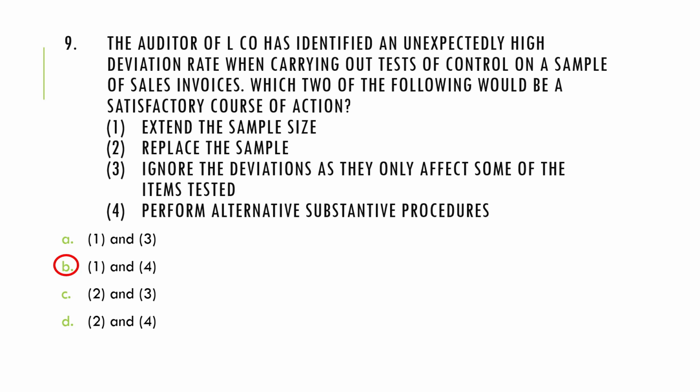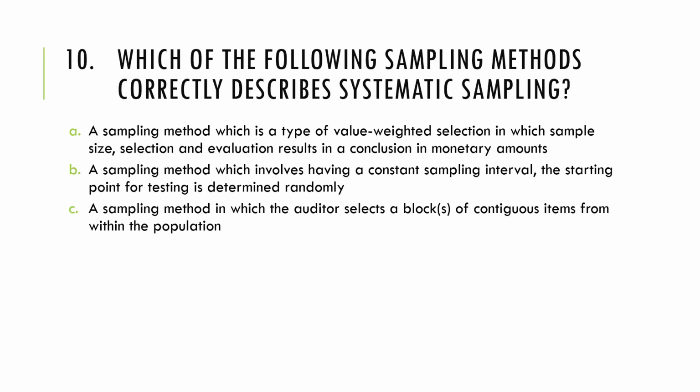By performing these alternative substantive procedures, this means that the auditor has assessed control risk to be high and has therefore responded through substantive tests. But do take note, another route which the auditor may take is to expand the controls testing, meaning to perform another set of tests or a different set of procedures directed towards that. Okay, so the answer to this is bravo. And we have reached the finish line of this sprint.